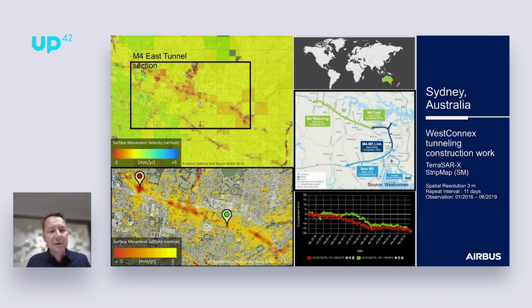You see this time series for the green point and the red point in the figure on the lower left. And we clearly see that subsidence for the red point started a couple of months earlier, and for the green point later on, because that exactly represents the speed of the tunneling machine underground. So it's also a third dimension: time, temporal change.